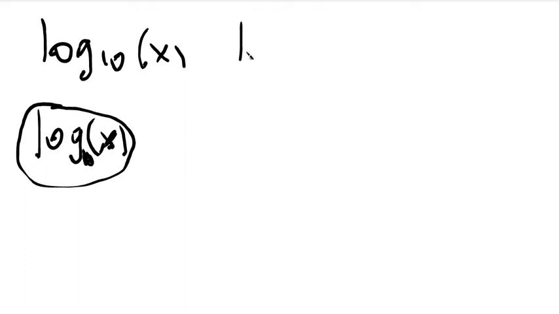Well, I have a trick. So let's say log base 4 of 16 is equal to 2, or we could just put an x there, put some mystery into it. So how do we do this on a calculator?